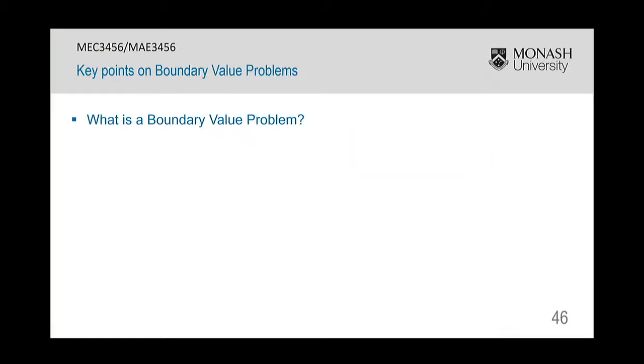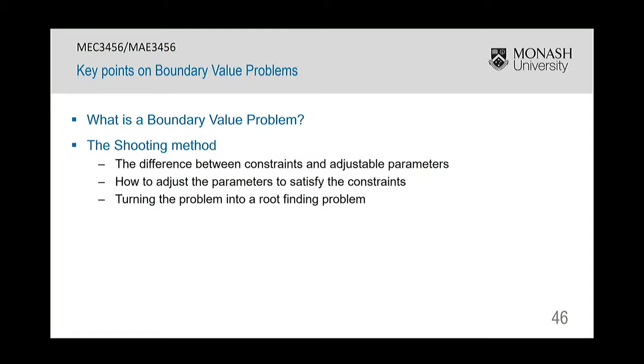So this is the end of strict boundary value problems. We will continue to look at this in a different light, but the key things to keep in mind for this are, first of all, you need to know what a boundary value problem is. You need to understand the shooting method. So the difference between constraints and adjustable parameters, how to adjust the parameters to satisfy the constraints, and how you can turn the problem into a root finding problem.